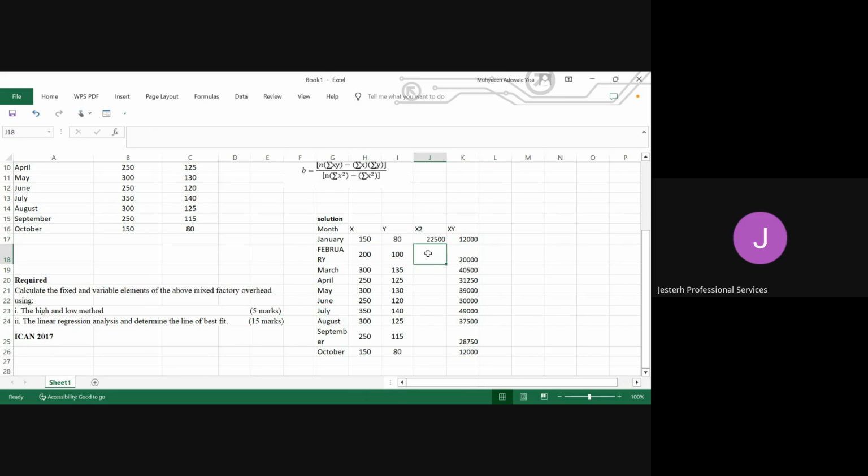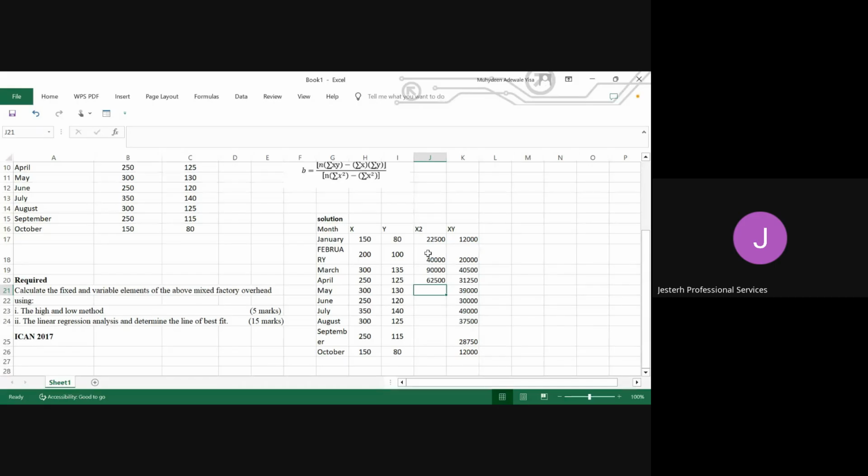200 raised to the power of 2 is 40,000. Now 300 raised to the power of 2 is 90,000. 250 raised to the power of 2 is 62,500.